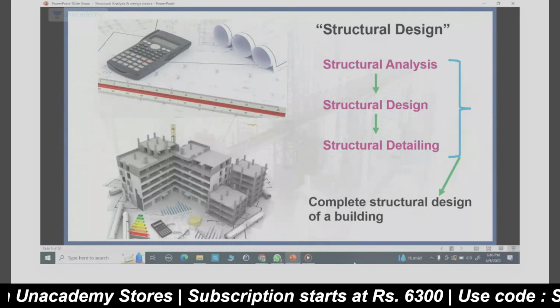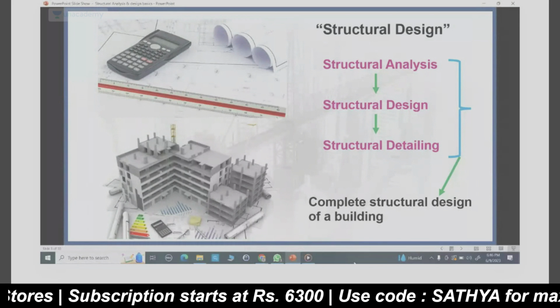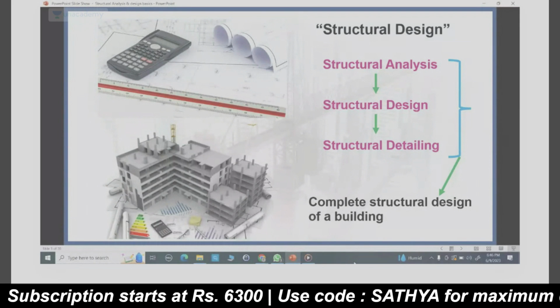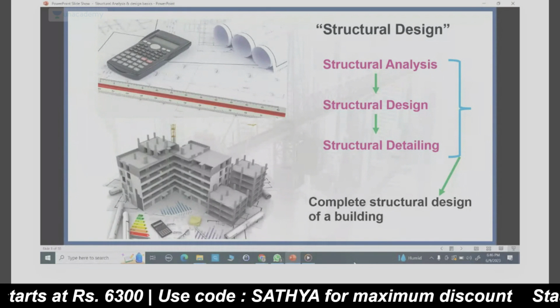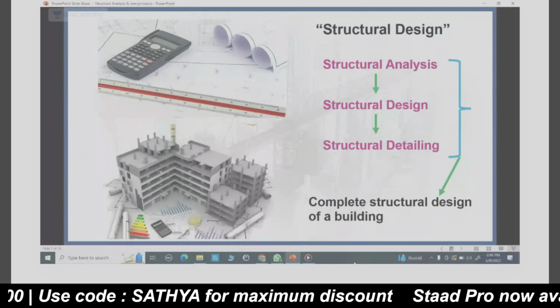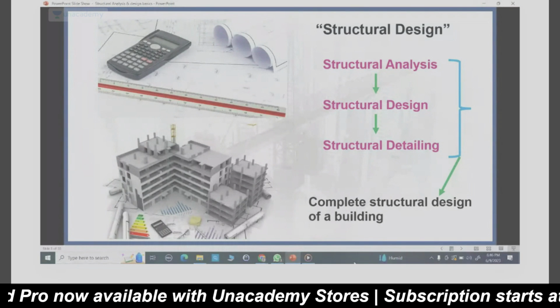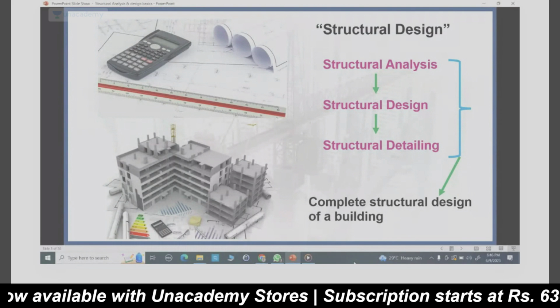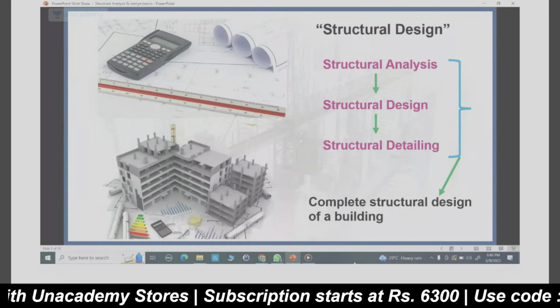So drawing is important not only for structural engineers; as a civil engineer, site supervisor, even the labor has to understand the drawing so that he can execute properly in the site. So that's why we will be having the site engineer, site supervisor. They need to explain to the labors with the drawing in order to execute the work properly.